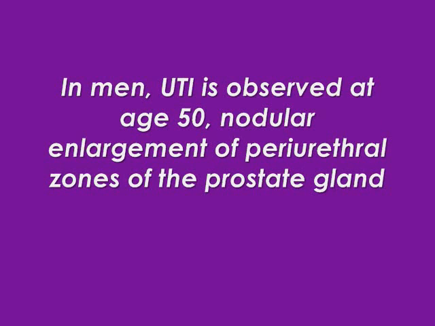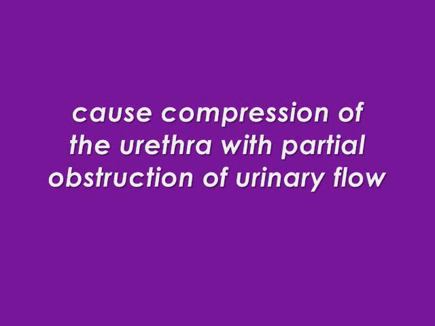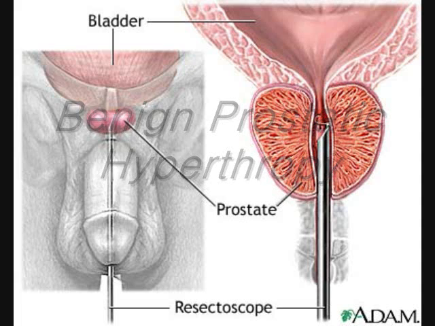In men, the main contributor of UTI is observed in the age of more than 50 years old, where a nodular enlargement of the periurethral zones of the prostate gland causes compression of the urethra with partial obstruction to the urinary flow. The enlargement of the prostate gland of men is called benign prostatic hypertrophy.